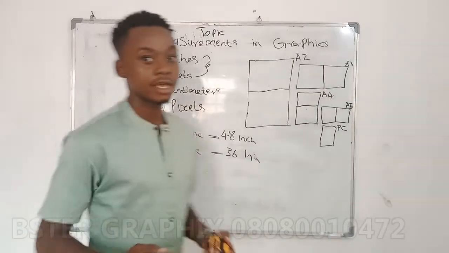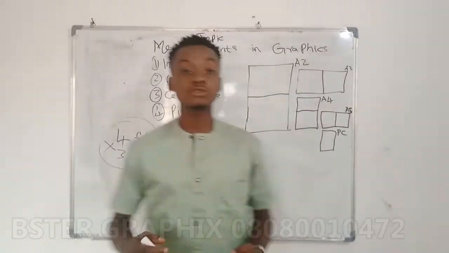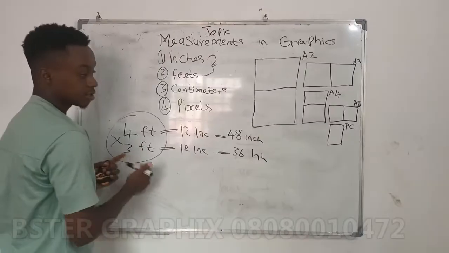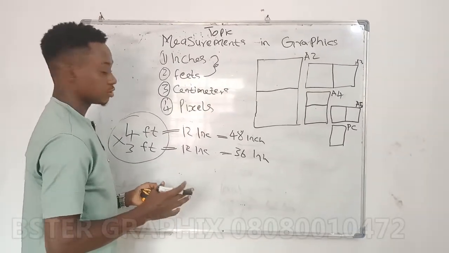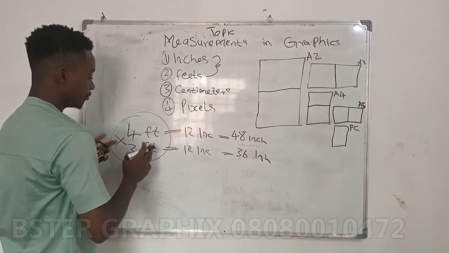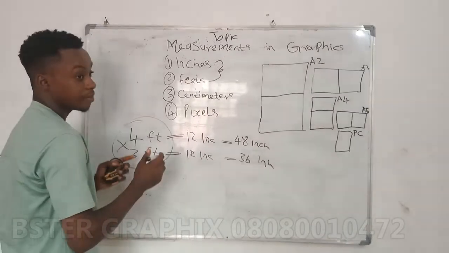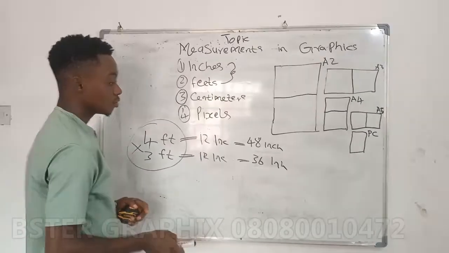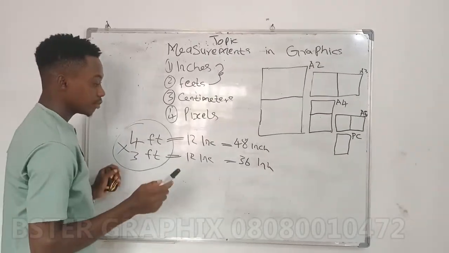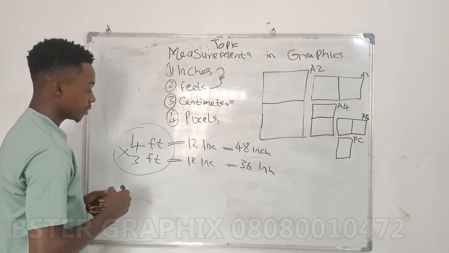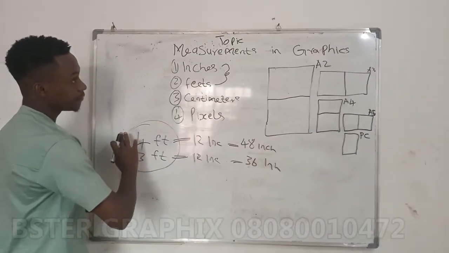What I'm trying to say in essence is that if you want to design a banner, because banner is mostly measured in feet, you understand? We measure banner in feet instead of inches. So anytime you have to design a banner, it's as simple as that. So any type of banner I want to measure, I'll just measure it in feet.